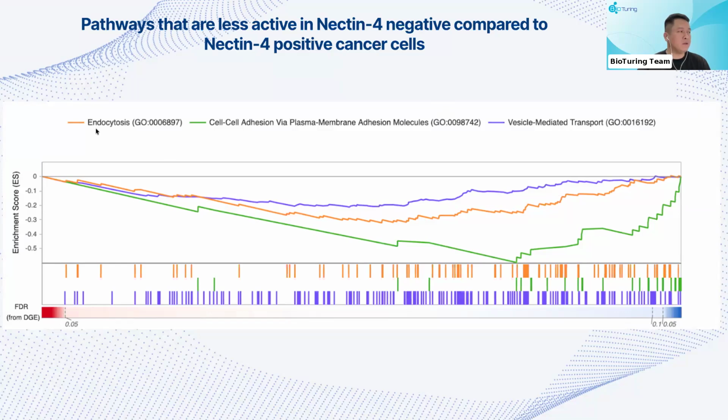But beside that, you can also see a decrease in endocytosis and vesicle-mediated transportation, which shows that the Nectin-4 negative group is less active in endocytosis. In this relative comparison, it means the Nectin-4 positive cancer cells have higher endocytosis. So what does that mean? Endocytosis is very important for the ADC. So if we target Nectin-4, it's easier for the positive cancer cell to take up the antibody.